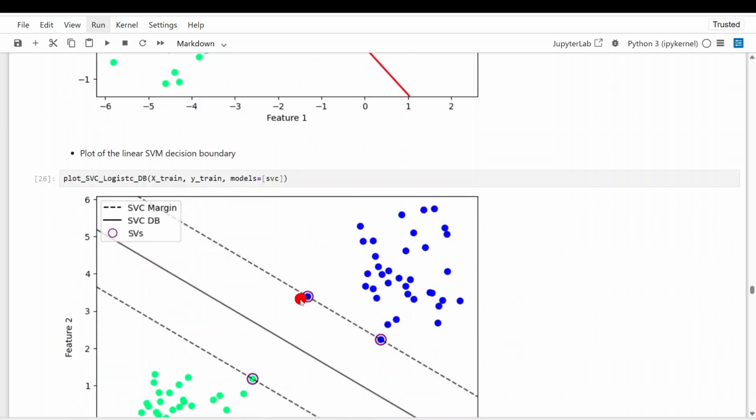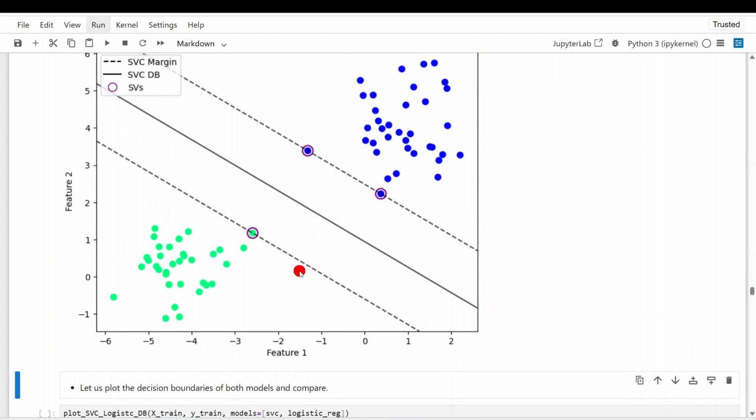It seems there is no difference, but let's plot them together to observe the difference between the two decision boundaries.